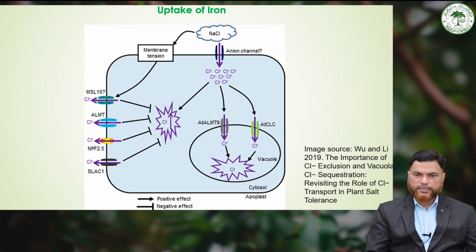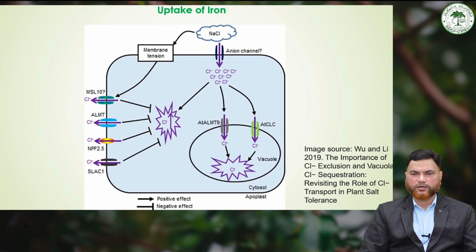You see in the figure that these transporters facilitate the movement of chloride ions from the soil into the root cells, and once chloride reaches inside the roots, these ions are transported within the plant through the xylem, reaching different parts of the plant such as leaves, stem, and reproductive structures.